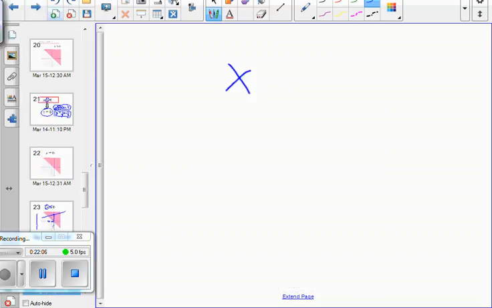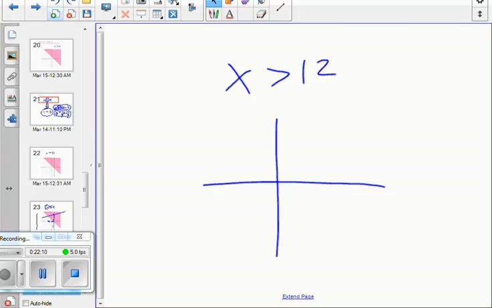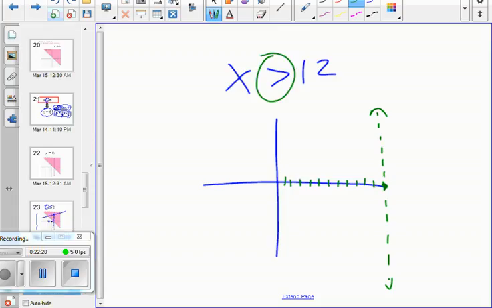If I said x is greater than 12, I got to find where x is 12. And then should I use a dotted or solid line? Dotted, because there's no equal to sign. There we go. There's where x is 12. Now which way should I shade? It says bigger than 12. Right, because you can't go above or below.